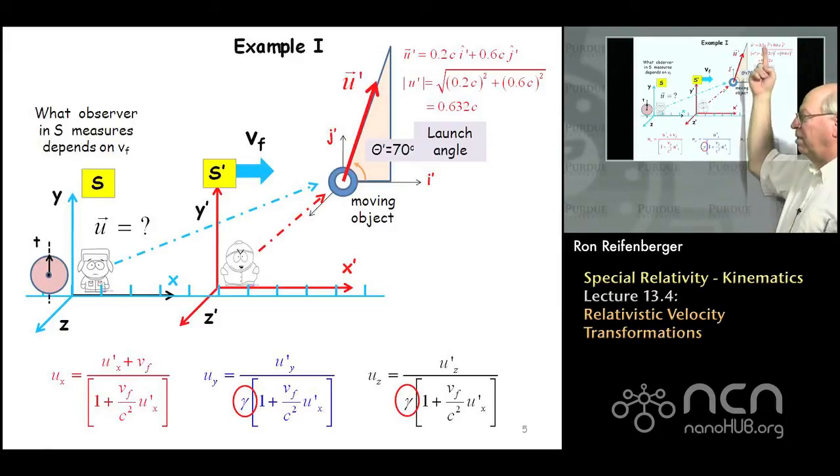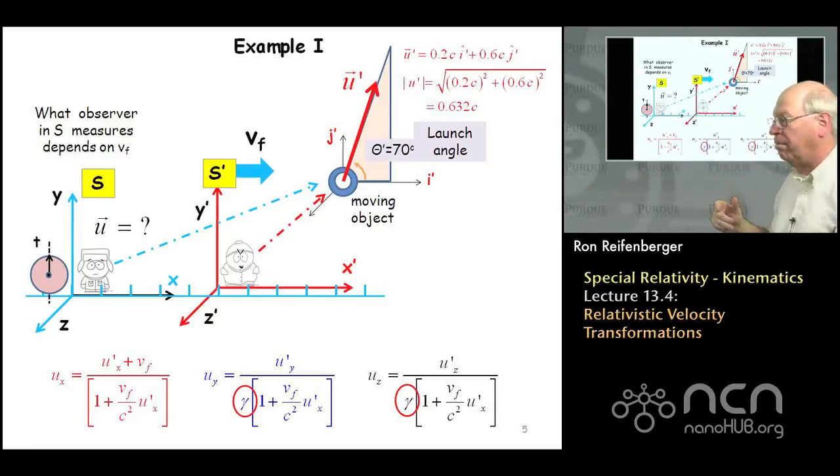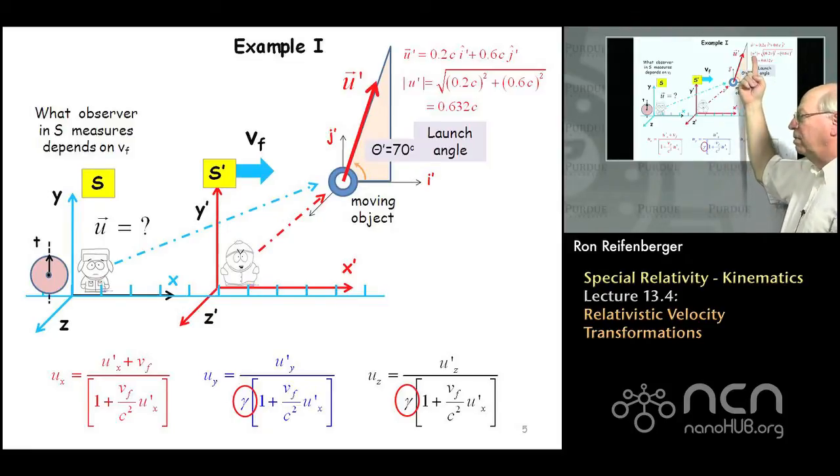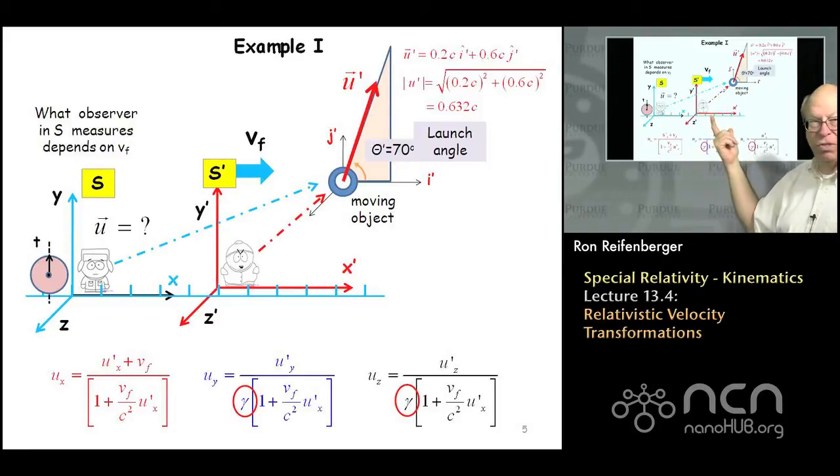I specify the velocity components in terms of unit vectors i prime and j prime, right? The magnitude of the velocity that would be measured by the observer in the S prime reference frame using his yardsticks, meter sticks and clocks would just be the square root of the sum of the squares of the two components.